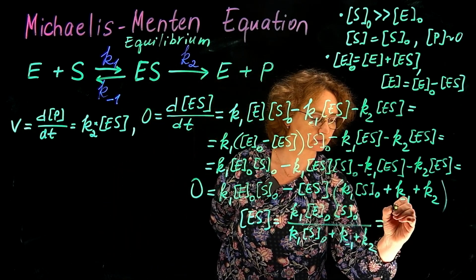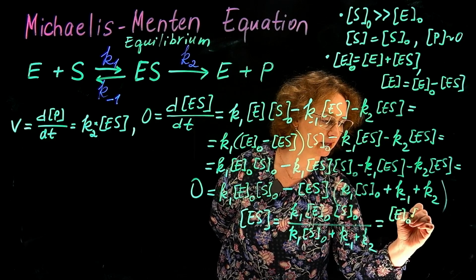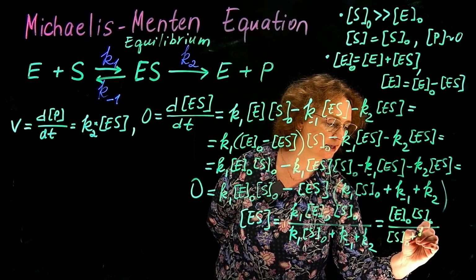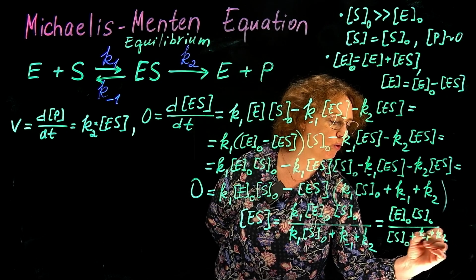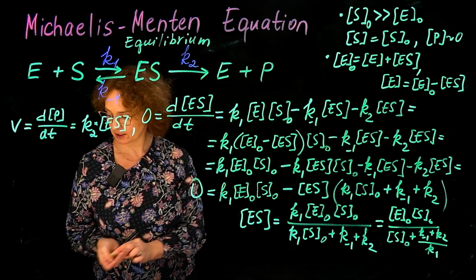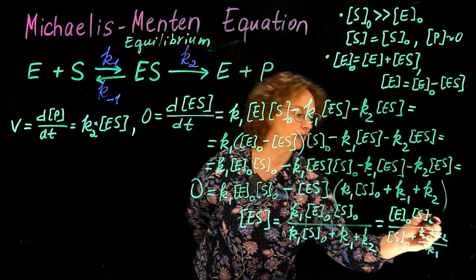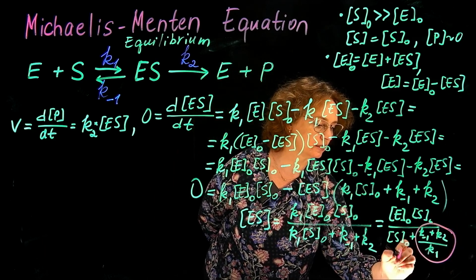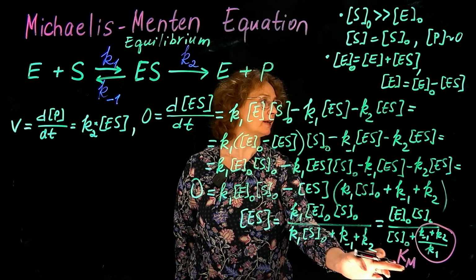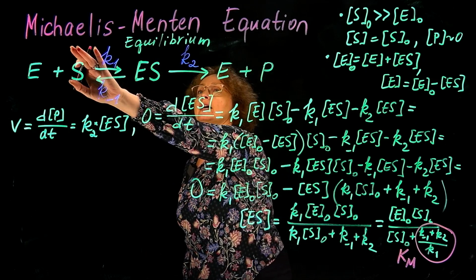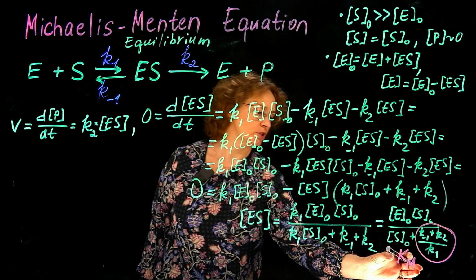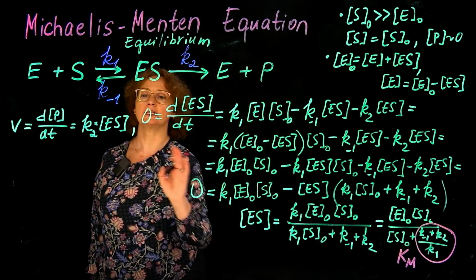So we have E naught times S naught over S naught plus K minus 1 plus K2 over K1. This ratio is defined as capital K M, and we call it Michaelis Menten constant.